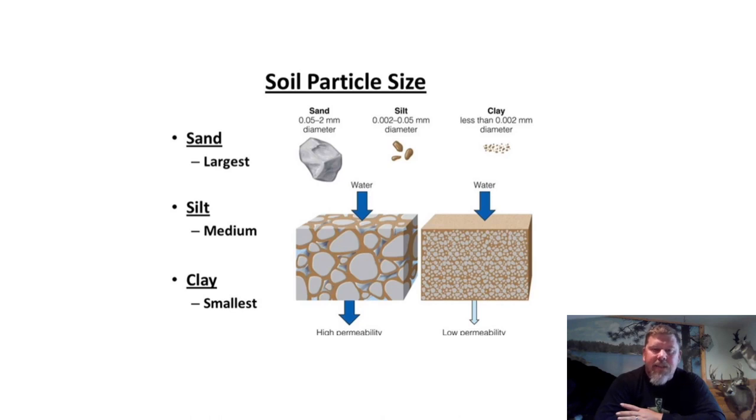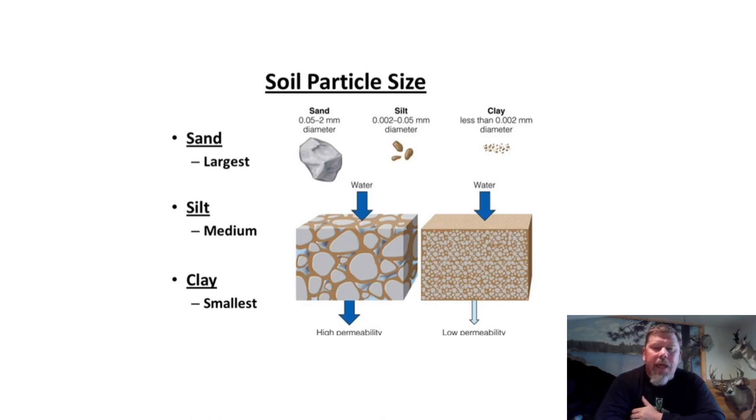It doesn't stick together really well, and it has an easy process of wind erosion, water erosion, runoff. So silt is good for some things, but it's also bad because it's hard to keep it where you want it.